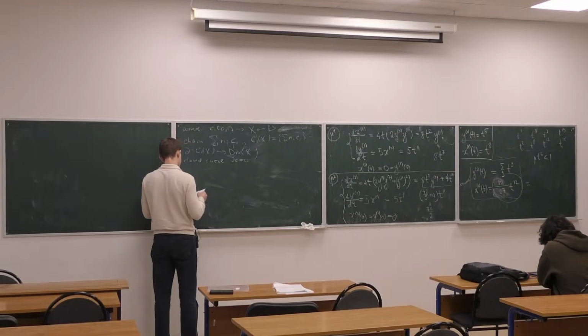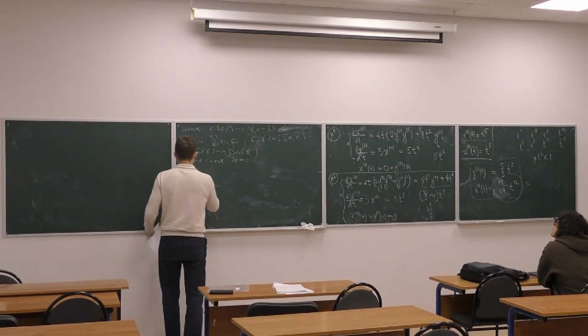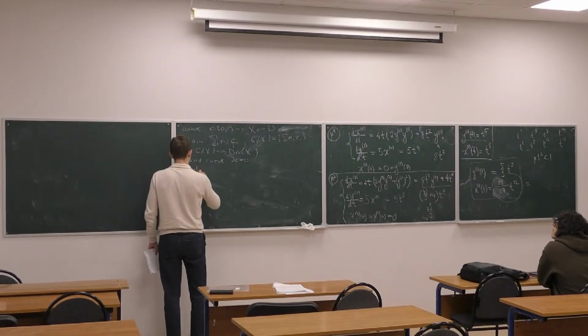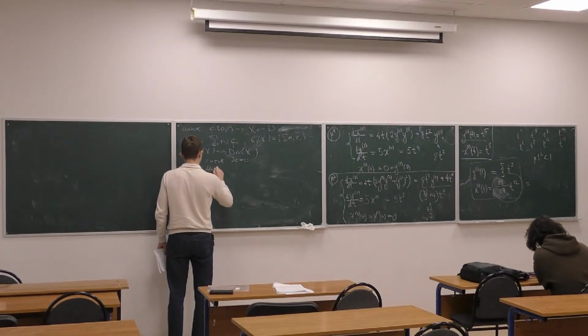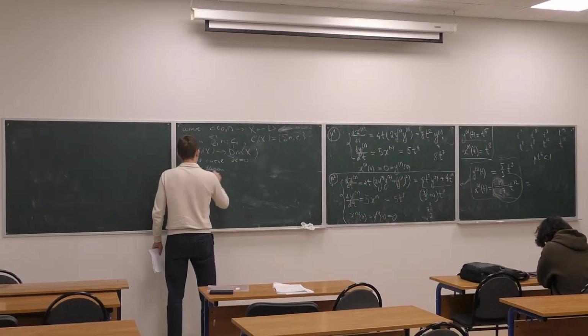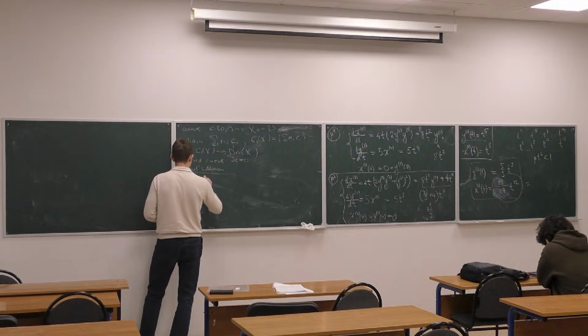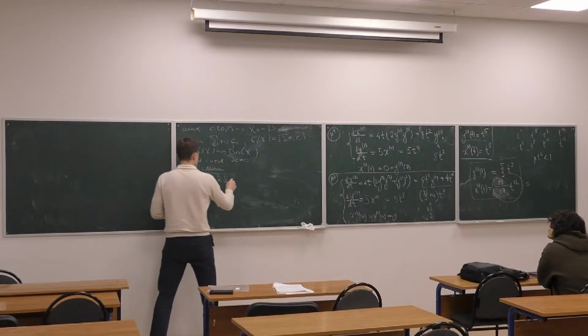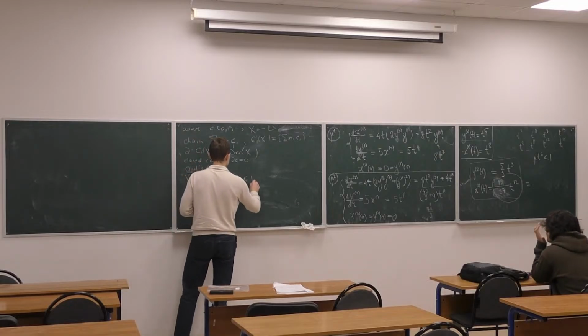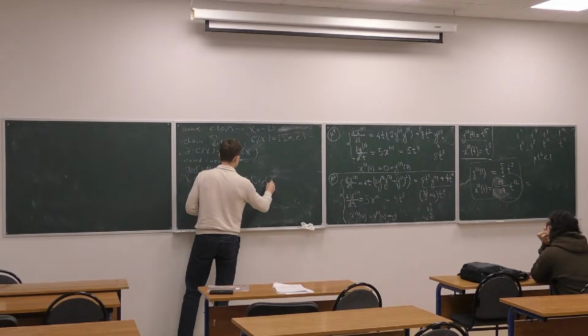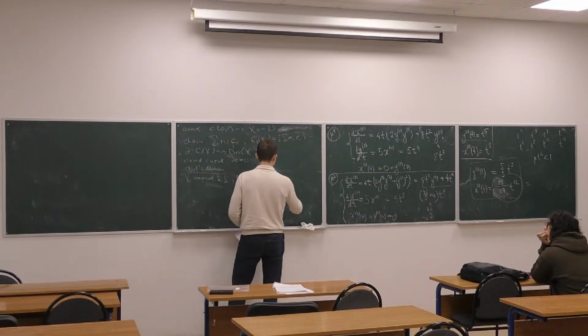Then Abel's theorem says the following. Now X is a compact Riemann surface, D is a divisor of degree 0.